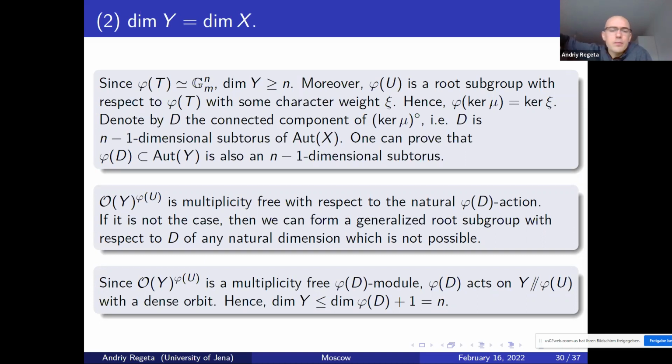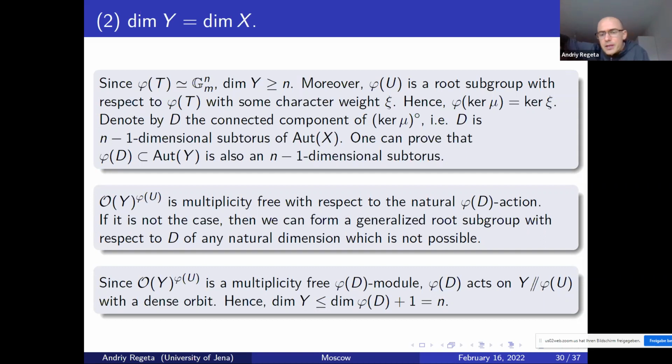And phi of d, you remember, is an n-1 dimensional subtorus of Aut y. This means that phi of d acts on y quotient by phi of u, y quotient by GA. And actually, in this case, this quotient is affine. It's not quasi-affine. So this invariant ring is finitely generated.